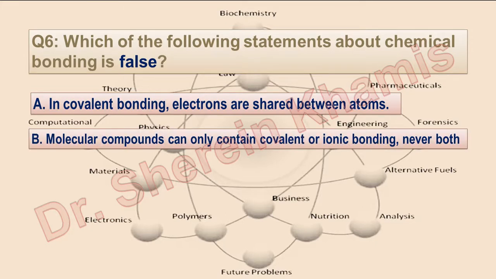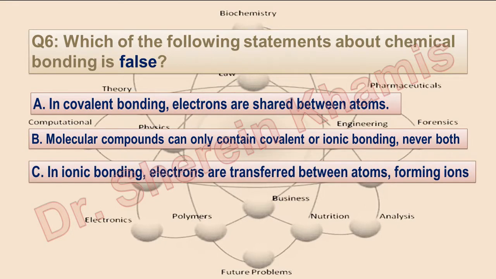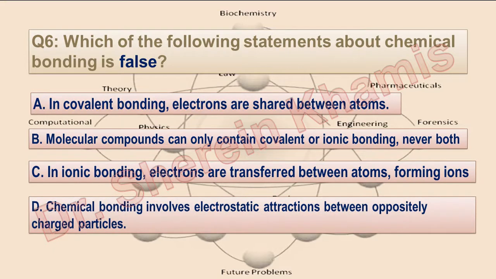Second one: molecular compounds can only contain covalent or ionic bonding, never both. Do you think it's wrong? Another one: in ionic bonding, electrons are transferred between atoms, forming ions. I think it's right. The fourth one, D: chemical bonding involves electrostatic attraction between oppositely charged particles.